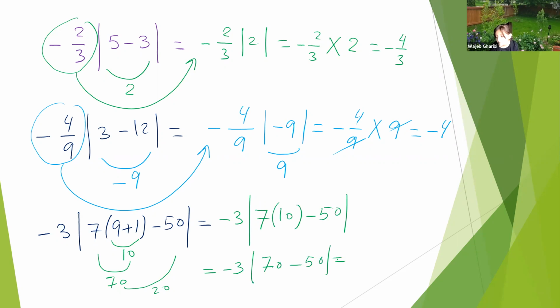We keep negative 3 as it is, and the absolute value of 70 minus 50 is 20. Negative 3 multiplied by the absolute value of 20, which is 20, and negative 3 times 20 is negative 60. Okay.